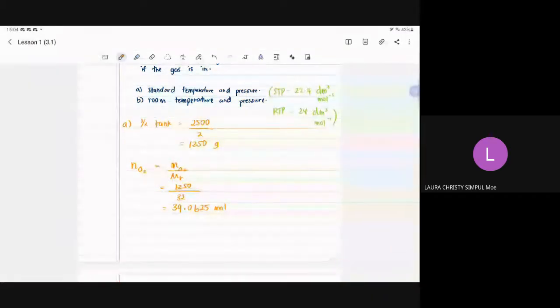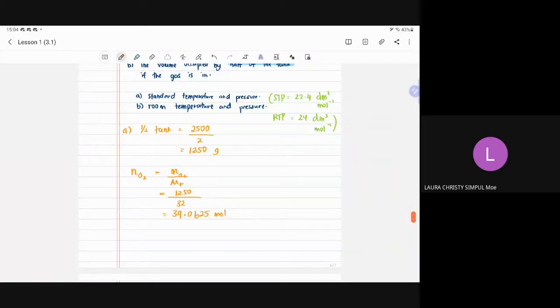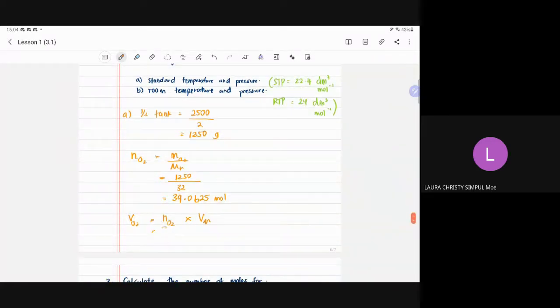Kita nak cari volume dekat STP. So, volume of O2 is equals to N of O2 multiplied by molar volume. So, from here, number of mole, we already have 39.0625 multiplied by 22.4.